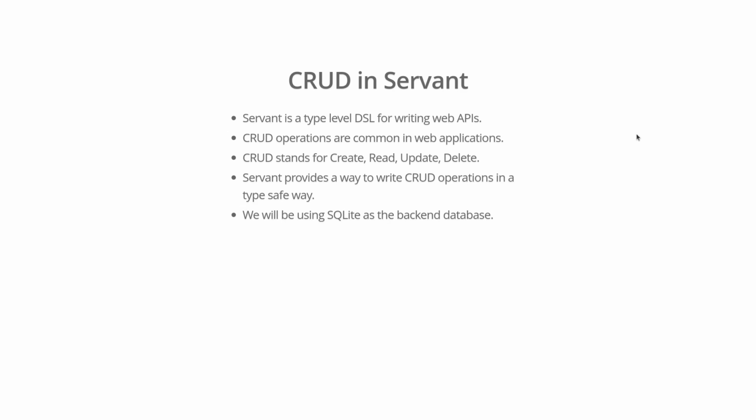Updating means updating any of the existing records in our database, and deleting means deleting any of the records from our database. Servant provides a way to perform the CRUD operations, which we are going to see in this video, in a type safe manner. And for this tutorial we will be using a SQLite database for the sake of simplicity.